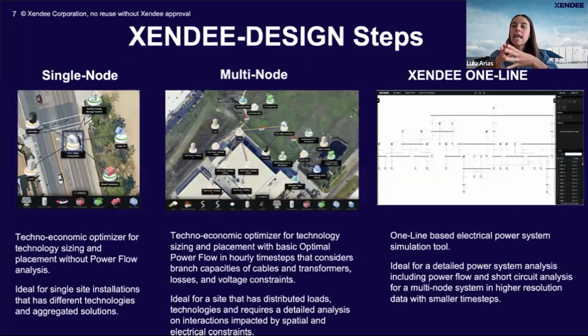So next, we would enable the multi-node feature and break that site into individual nodes. Think terminals, hangars, control towers, each with its own loads and technologies. This lets us factor in spatial details, cable losses, voltage constraints, giving us more realistic power flow picture.